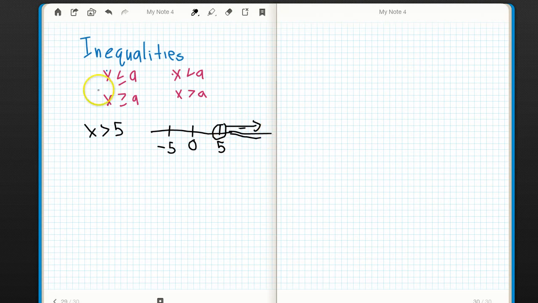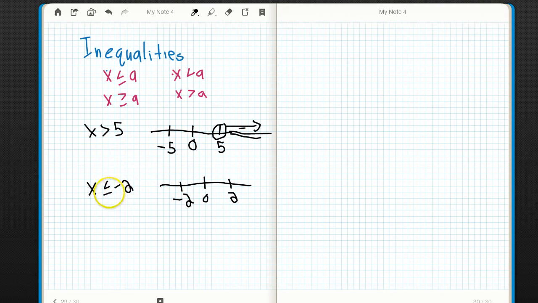Super simple. Alright, next let's say we have the other one: x is less than or equal to -2. Once again we draw our number line. We have 0, -2, and 2. Our inequality is going to start at -2.